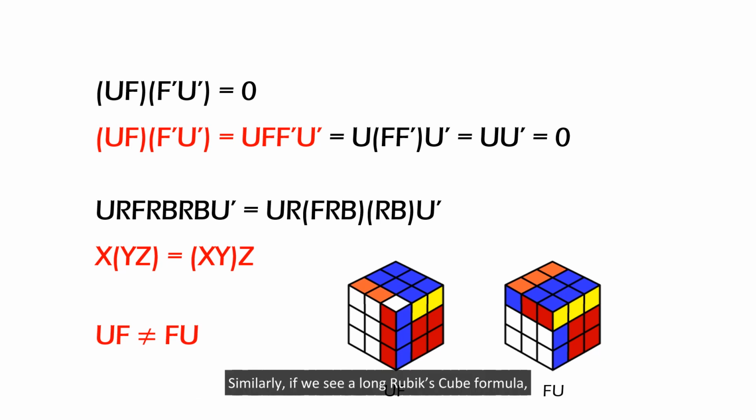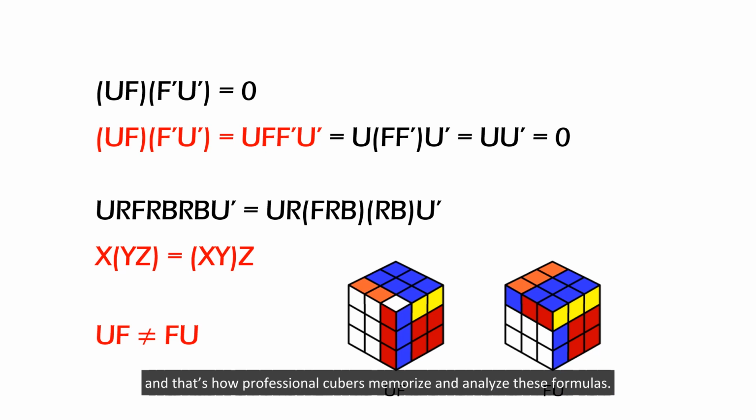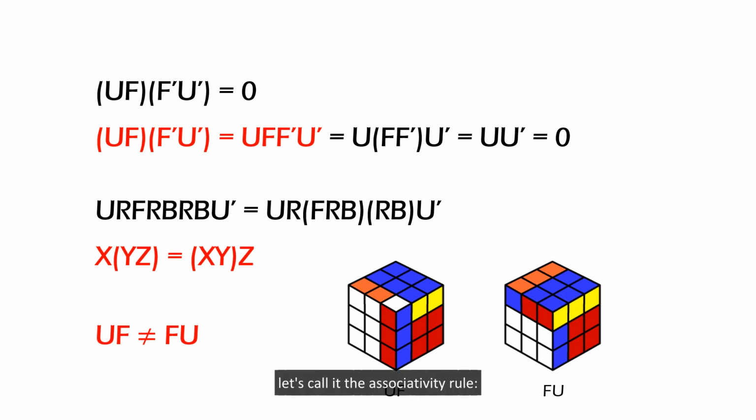Similarly, if we see a long Rubik's Cube formula, like this one on the screen, we can randomly put brackets around consecutive operations, and that's how professional cubers memorize and analyze these formulas. The arbitrary addition of brackets gives us another simple rule. It's called the associativity rule.